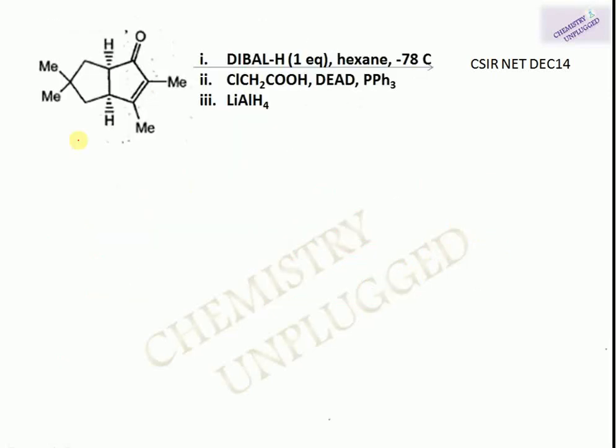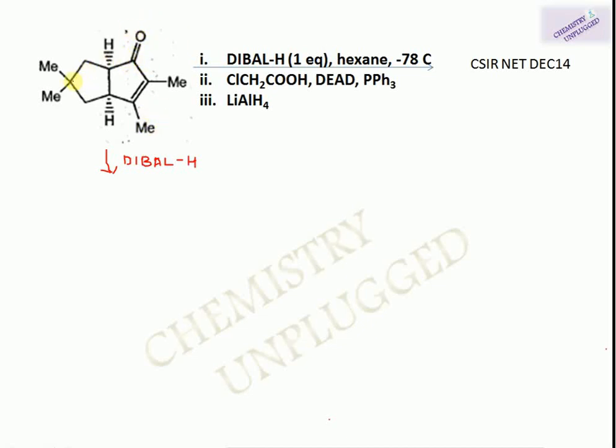product. Next question is from December 14, and we are using DIBAL, diisobutyl aluminum hydride, and we are using it at -78 degrees centigrade. So it will convert the carbonyl group into alcohol, and because it is a bulkier hydride transfer reagent, it will attack from the side which is less hindered.